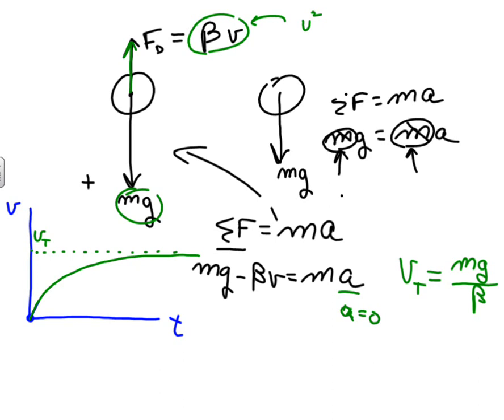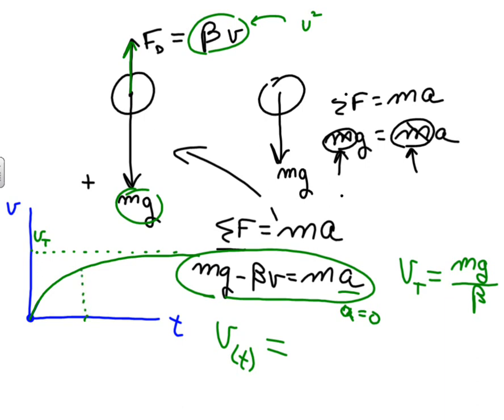Okay? All right. So I want you to look at this equation for a minute and ask yourself, how could I solve for velocity as a function of time? In other words, what if somebody asked me, hey, how fast is it going right here? At this time, how fast is it going? Or how fast is it going right here? How would you solve for that?